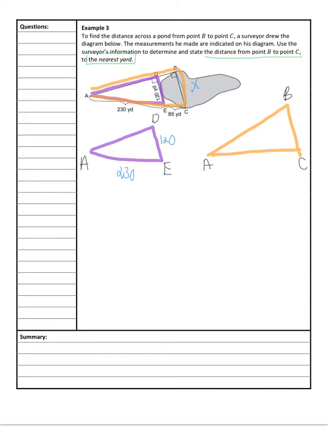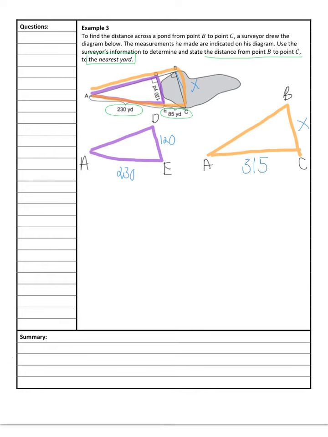So that's where my X is going to go. But A to C, notice that if I want to find from A to C, I need to actually add two of those side lengths together. I have to add the 230 and the 85. Well, 230 plus 85 is going to give me 315.